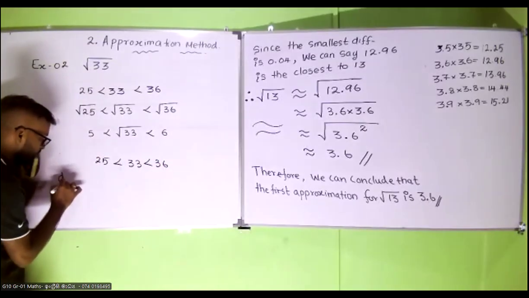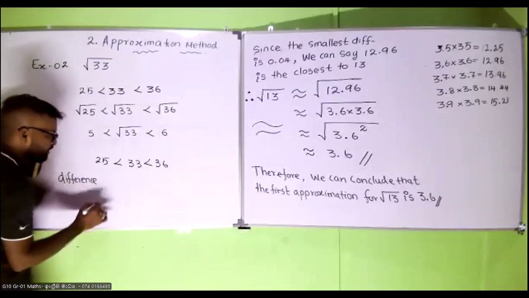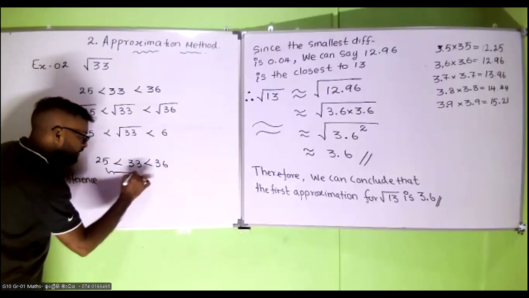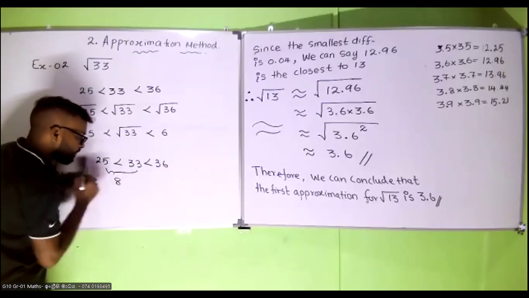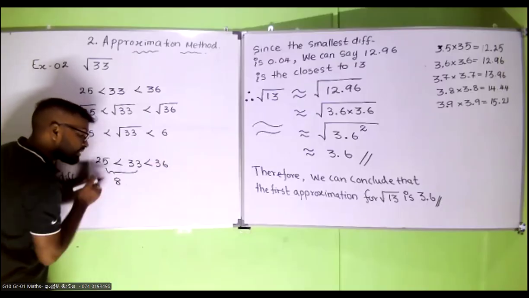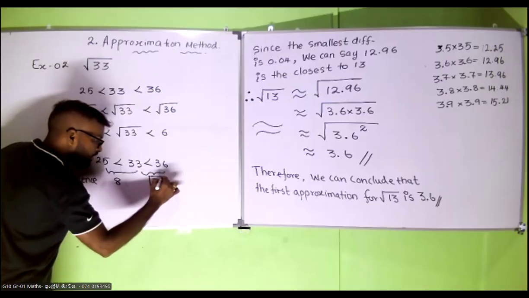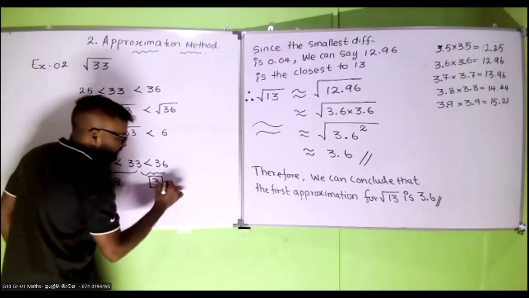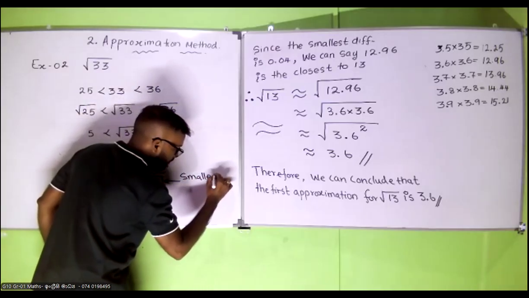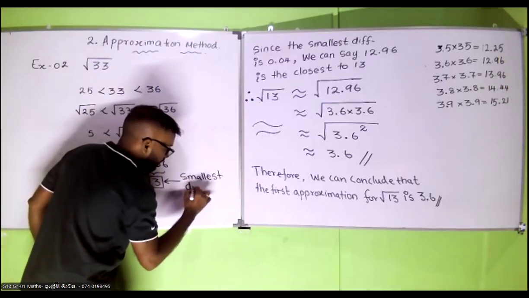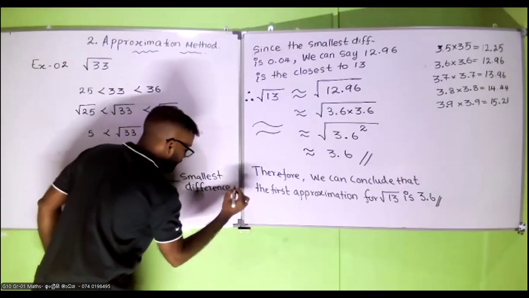I am going to take the difference. Difference between 25 and 33: 33 minus 25 is 8. 36 and 33: 3. Very small difference. There is a pattern now; in everything you have a pattern.